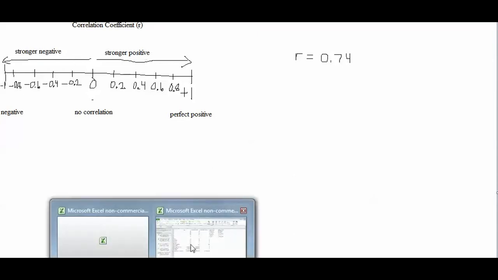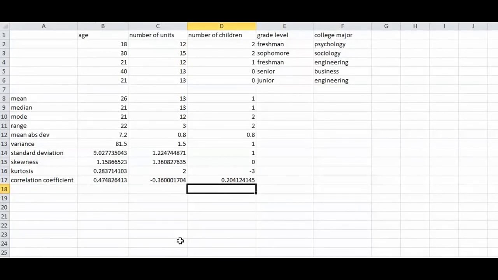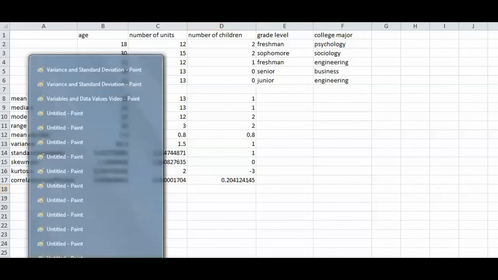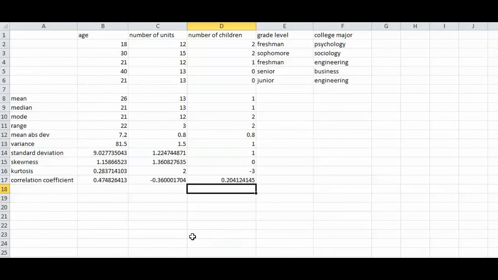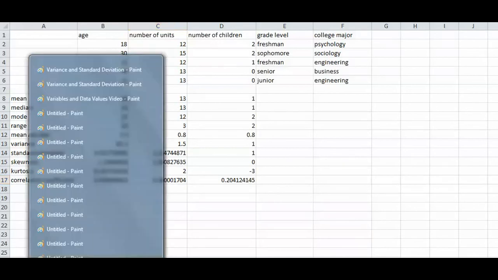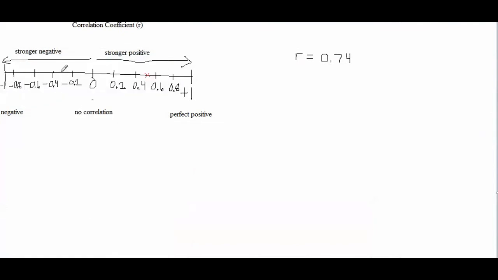Let's mark off these correlation coefficients. The correlation coefficient for age and number of units came out to 0.47, which is right here, or it's about right there. The correlation coefficient for age and number of children was negative 0.36, which is about right here.